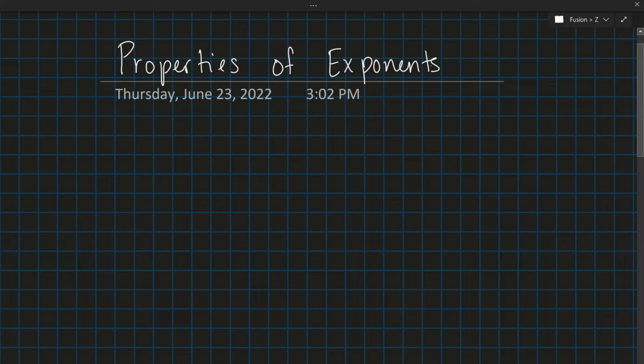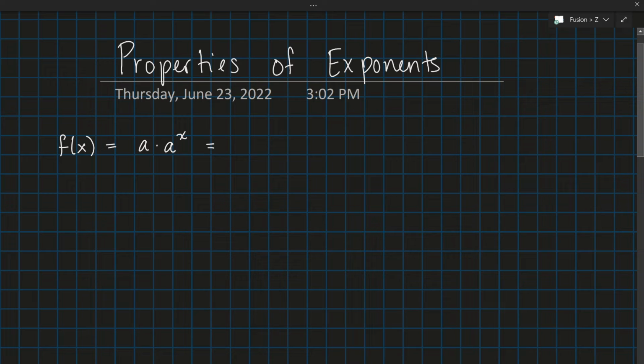Like we already said, if we have a function which is just like 2 times 2 to the x, since they have the same base, or let's redo this as a times a to the x.